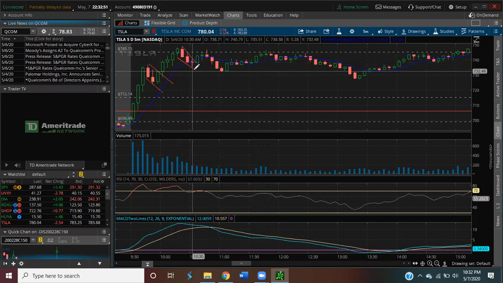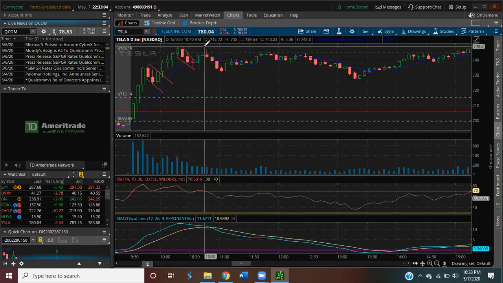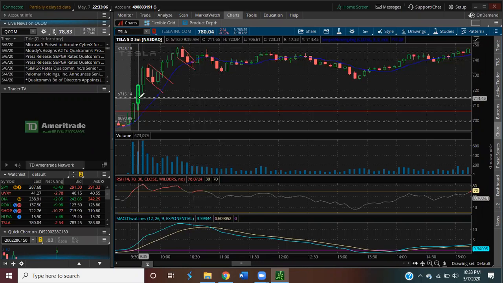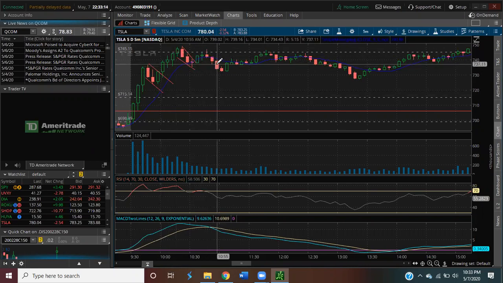After the push right here got rejected, I probably would have gotten out somewhere on one of these candles after I saw that the push up wasn't going to sustain itself. Say you got in at 718, you could have rolled that from 718 to 737.